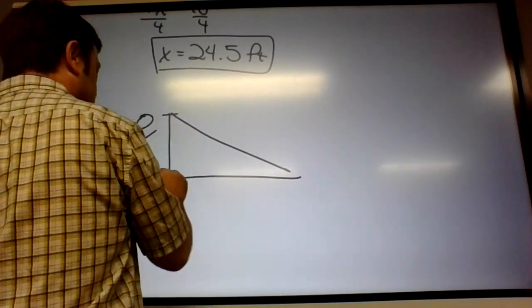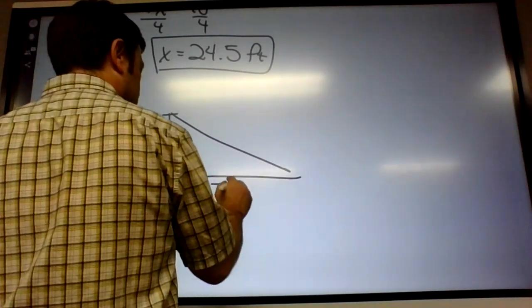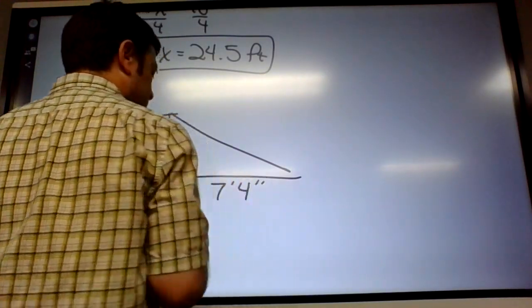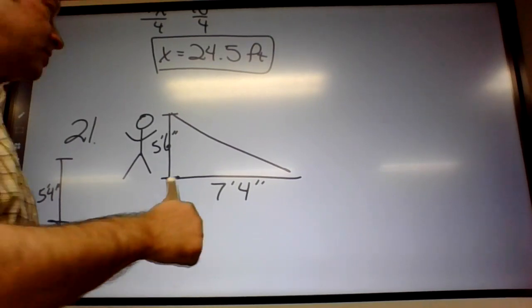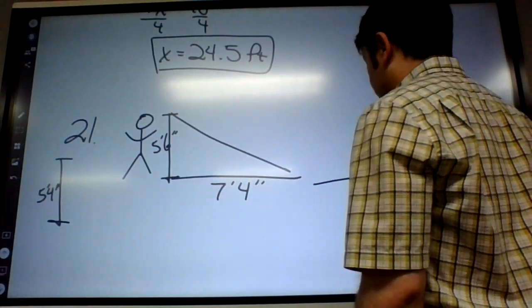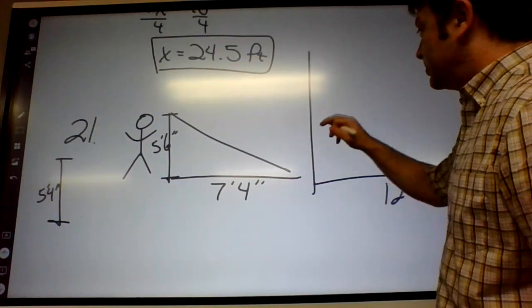Wait, don't you just have to put that over x and then 7, 4? No, because we have to convert it to inches because of the feet and inches. Why? Okay, and then what's the other thing? The tallest statue casts a 12'8" shadow. So the shadow goes down here, and we want the height of the thing.